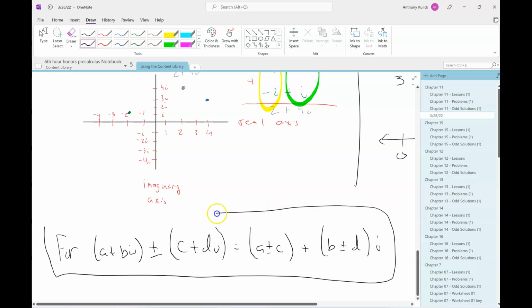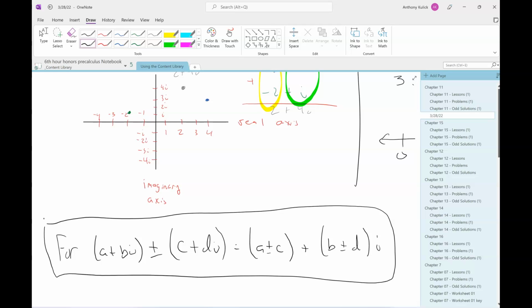So again, this is just fancy for what you know to do. Combine like terms, right? And it works the same way for subtraction. Everybody agree? Not a big deal.